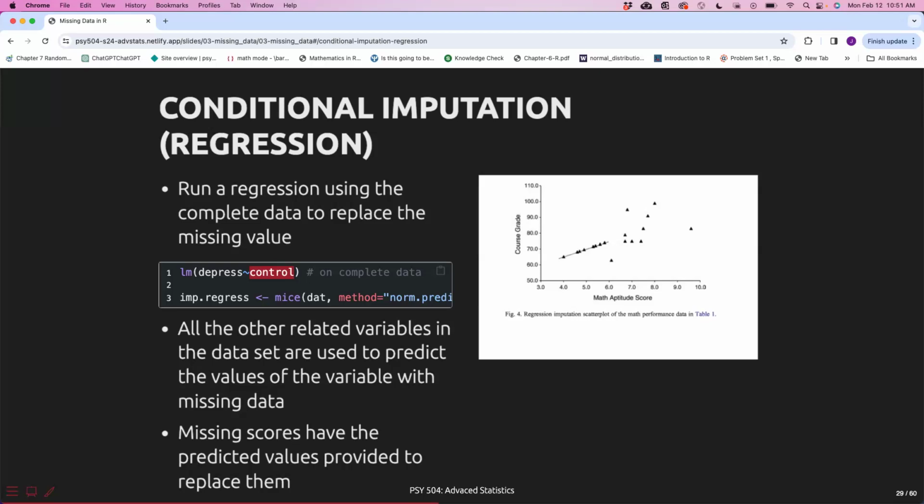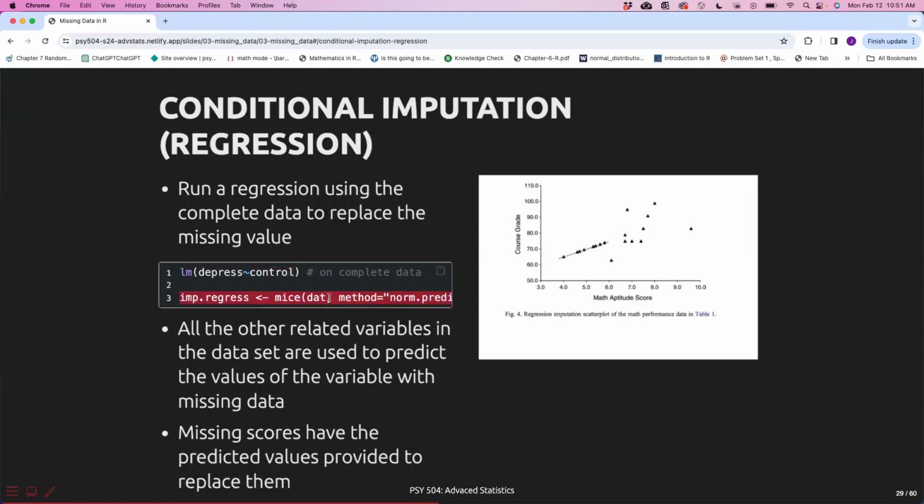So I can input something like, let's say our control value was 10.51, and use that to predict what the depression score would be. So we use values that fall on this regression line right here. This is an unrelated example, but I think it highlights what I'm trying to argue, where the missing values fall on the predicted line. We're using that equation to get predicted values.